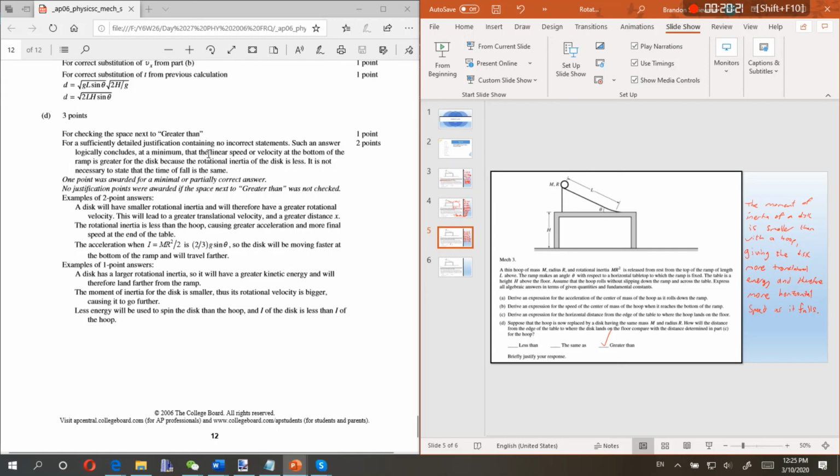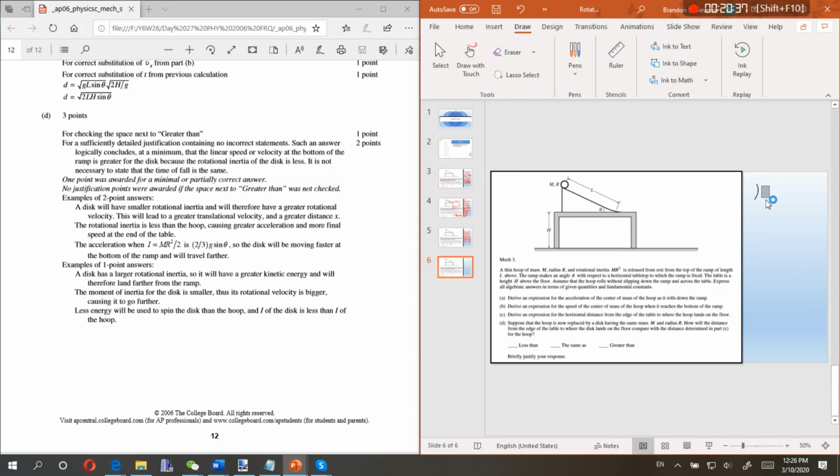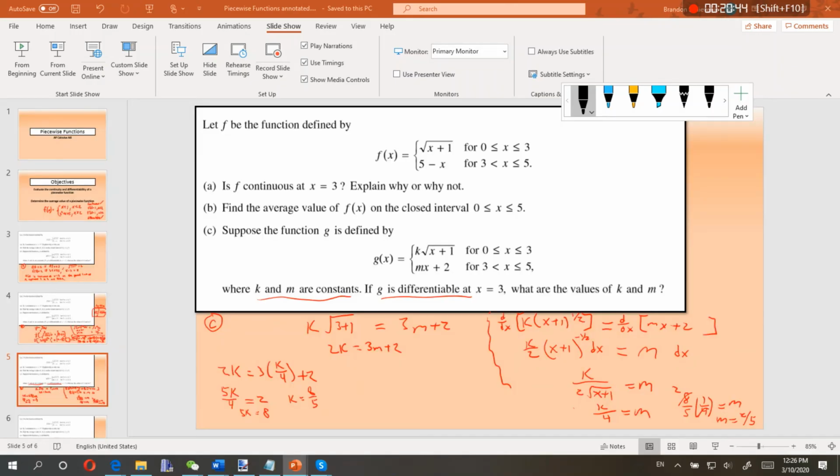The speed should be greater because rotational inertia is less. Okay, cool. So we should have that too. So I'm going to give us 13 out of 15, just missing those 2 points from part A. Mm-hmm. All right.